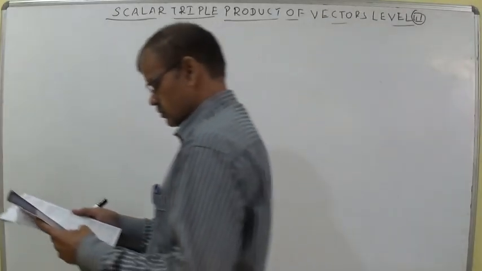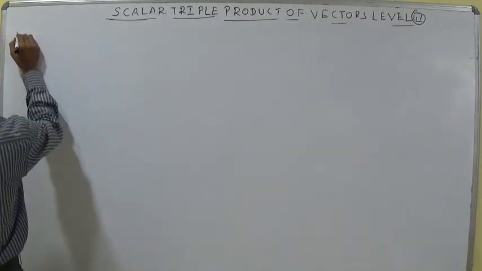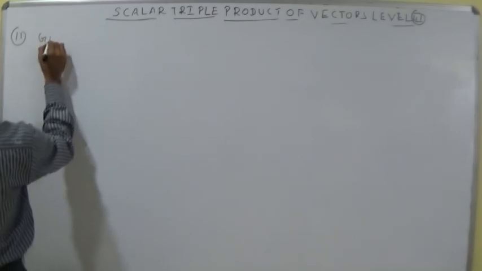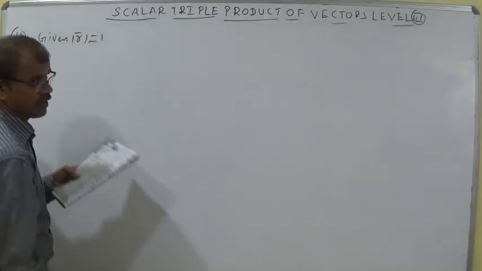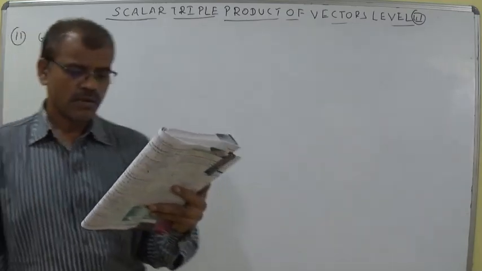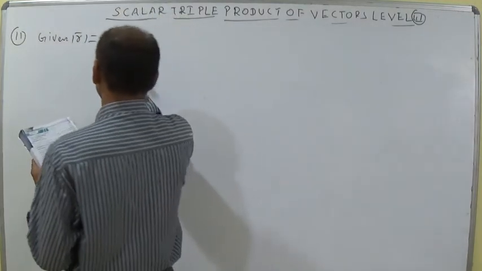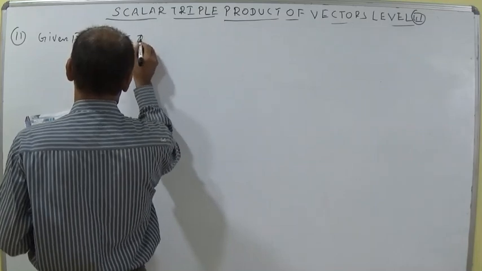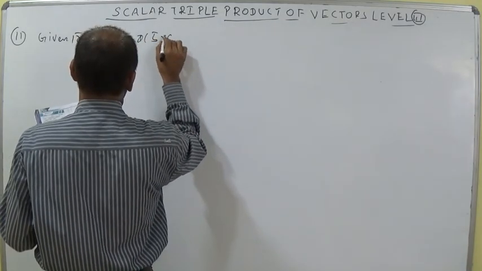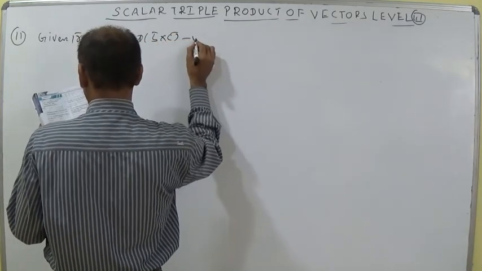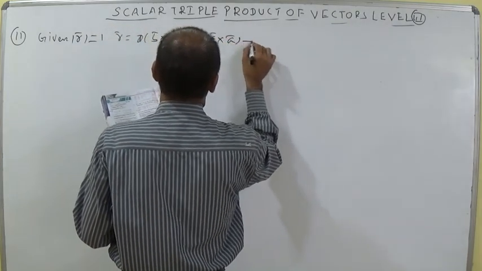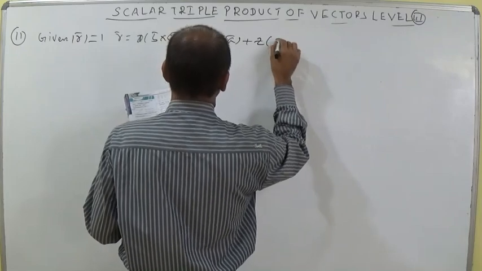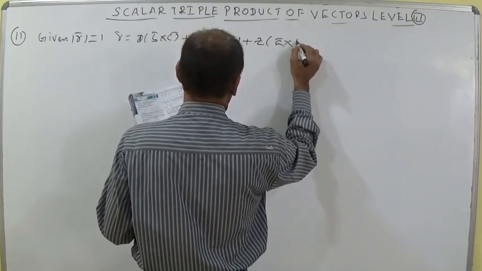Let us do the 11th question. R bar is a unit vector. Given modulus of R bar equal to 1 and R bar is equal to x into B bar cross C bar plus y into C bar cross A bar plus z into A bar cross B bar.